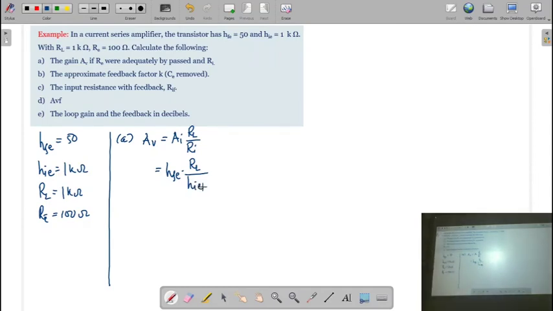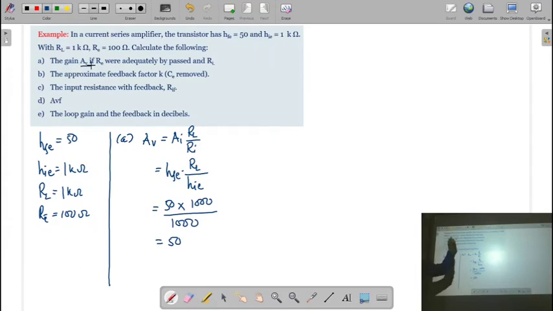This is the gain of the amplifier without feedback. Here HFE is given as 50, multiplied by RL, which is 1 kilo ohm, means 1000 ohm, and HIE is also 1000. So the gain of the amplifier is 50.